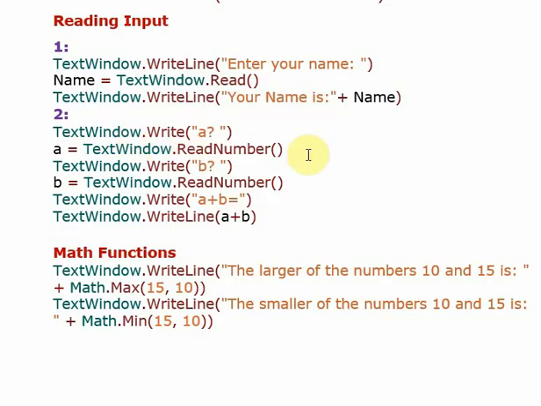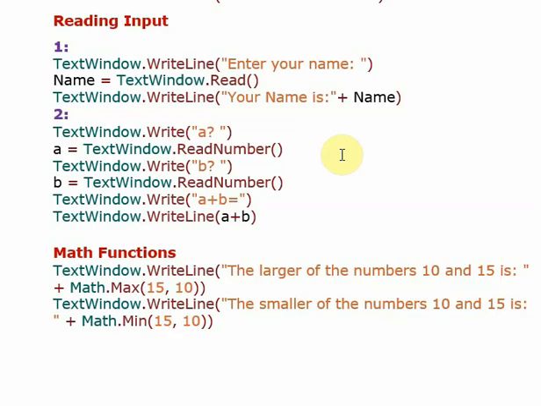Then here TextWindow.Write a question mark. A question mark. That means write a, provide a value for a. A equals TextWindow.ReadNumber, right? That means definitely we are going to assign a numeric value, right?